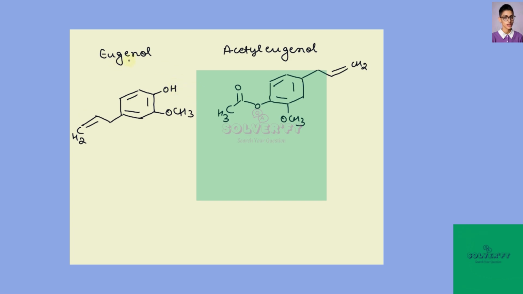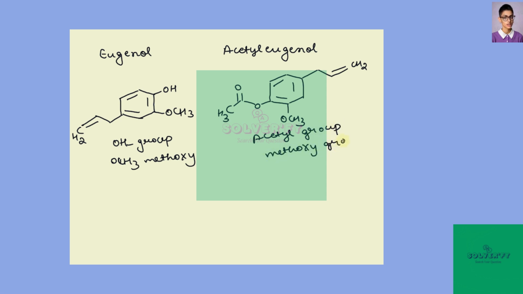In this question we have to answer why eugenol is more polar than acetyl eugenol. Now if we see their structure, eugenol contains the OH group and the OCH3 group, that is the hydroxy group and the methoxy group, whereas acetyl eugenol contains the acetyl group and the methoxy group.